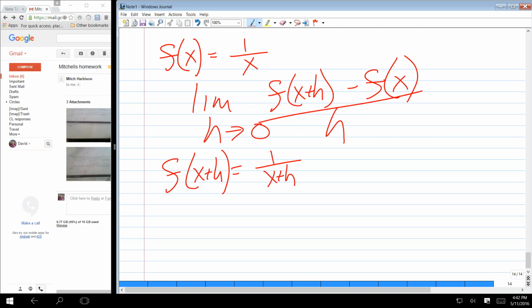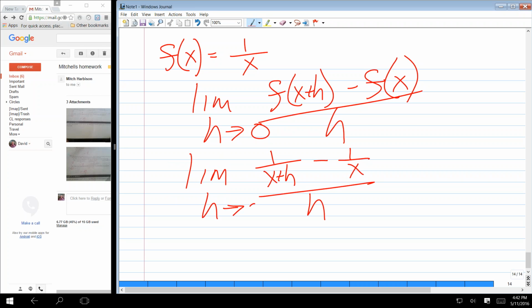It's always the same. Whatever is in the parentheses gets substituted for x, wherever you encounter x. It's that straightforward. Minus the function, which is 1 over x, all of it over h. So this is what we have to solve, this limit as h goes to 0.